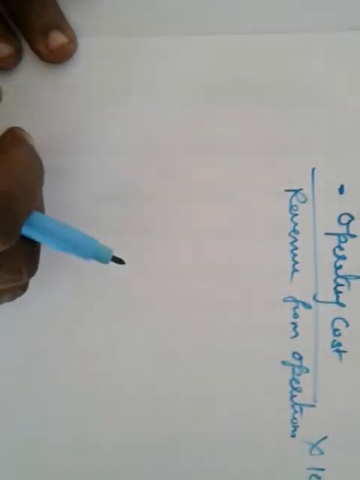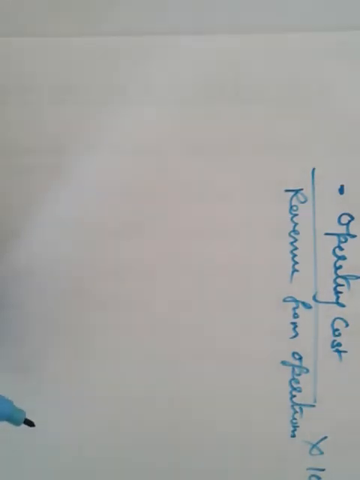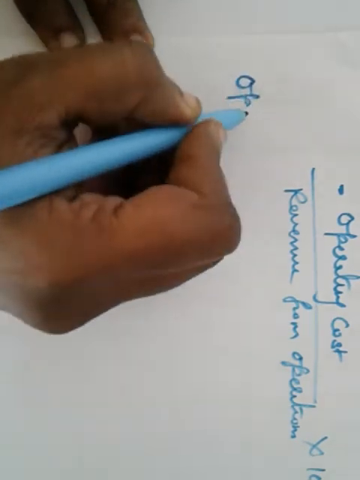This is the formula. Here, look at the question. The revenue from operation is rupees 15 lakh. Now we have to find out operating cost. For finding operating cost, there is another formula.